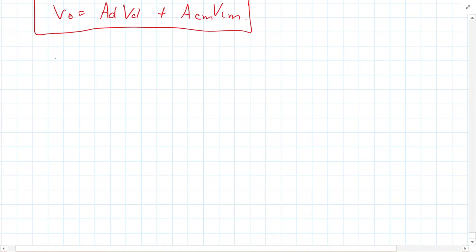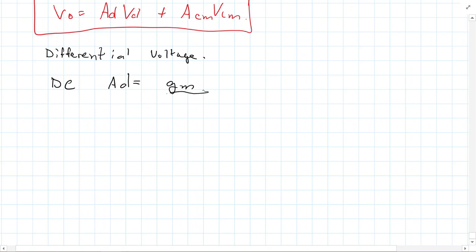So differential voltage gain, DC, AD is GM RC over 2.